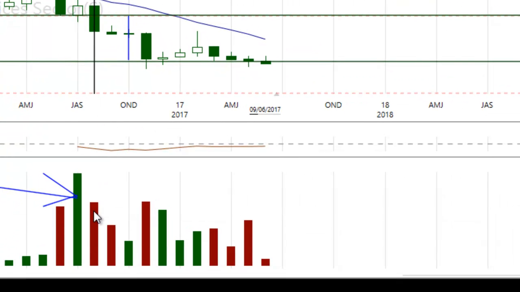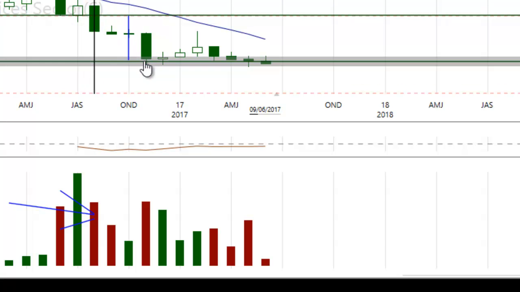It's not a volume spike as such, but we can give it consideration. After that volume bar, the price went down more.